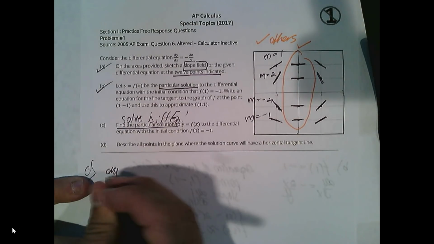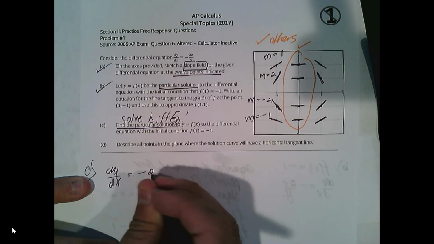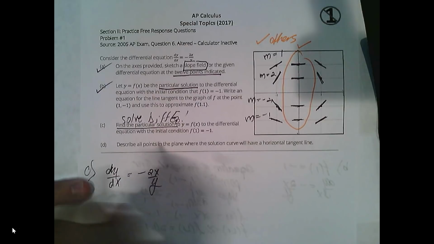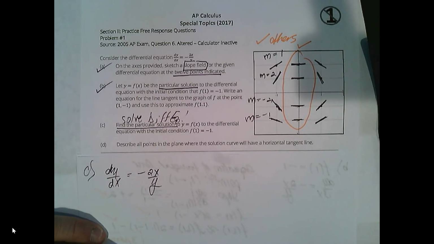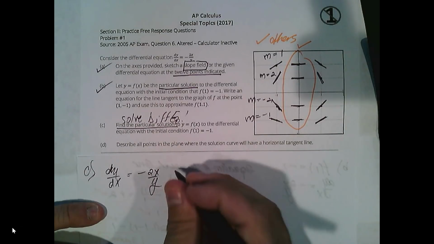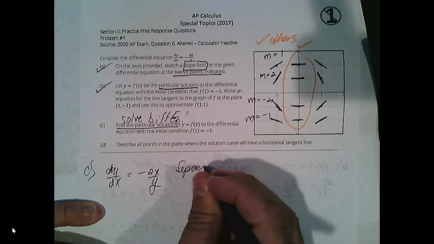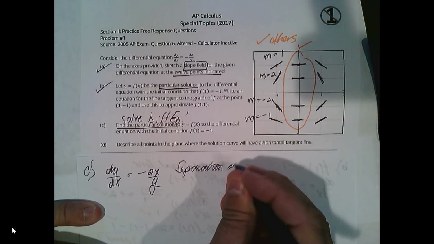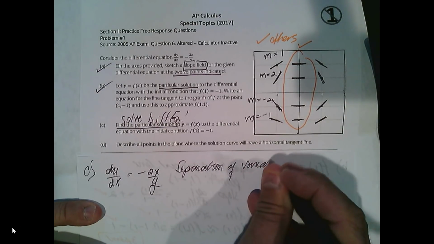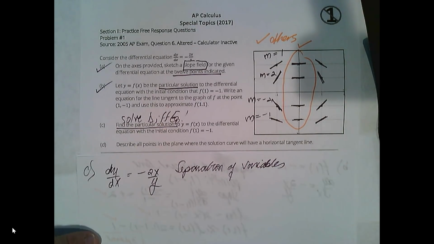Well, our differential equation is dy dx equals negative 2x over y. And one of the techniques that we studied this year is called separation of variables. I love this technique. I think it is a great technique to study in AP Calculus. It is a relatively basic technique for solving differential equations.